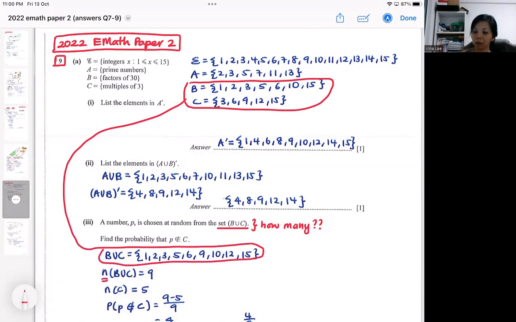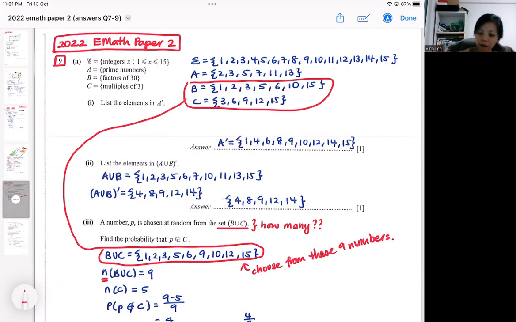So there are 9. So you are choosing a number from these 9 numbers. So the denominator will be 9. And how many will not belong to C?